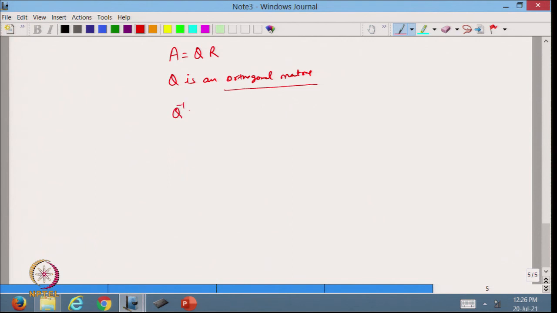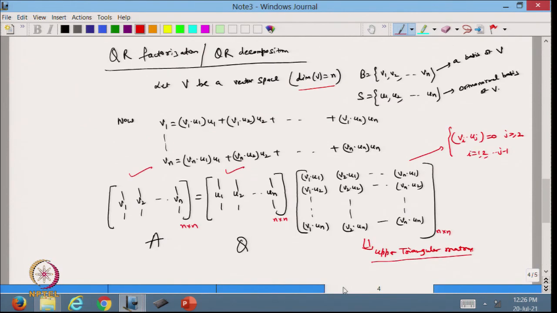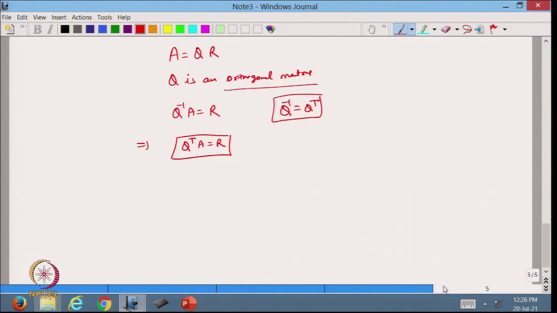So, Q inverse A is R. I know that Q inverse is equal to Q transpose, because it is an orthogonal matrix, so Q transpose A is equal to R. With the help of Q and A we are able to find R. This is my upper triangular matrix, and the process is called the QR factorization.